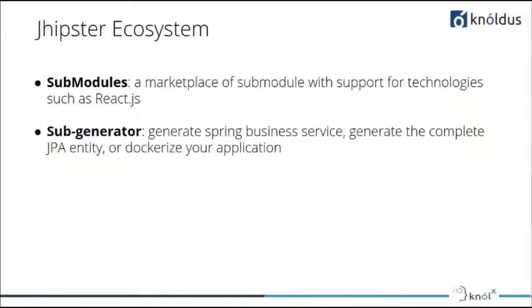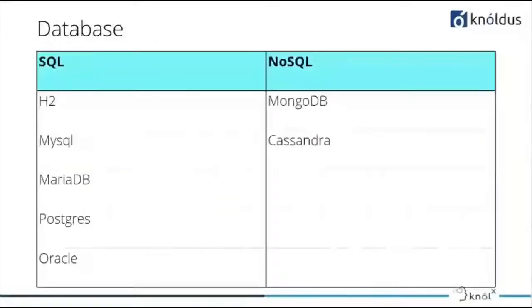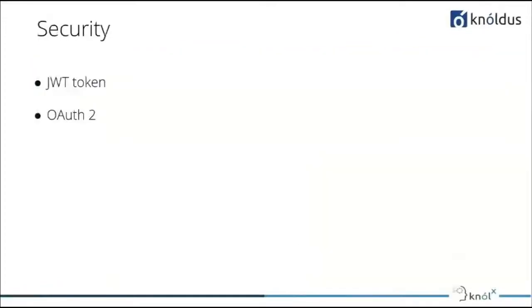And now coming to databases. The following databases are supported by JHipster. For SQL type, there is H2 database, MySQL, MariaDB, Postgres, and Oracle. For NoSQL, it is MongoDB and Cassandra. The security types JHipster provides are the following two: JWT token or OAuth2. The caches provided to us by JHipster are Ehcache and Hazelcast cache.